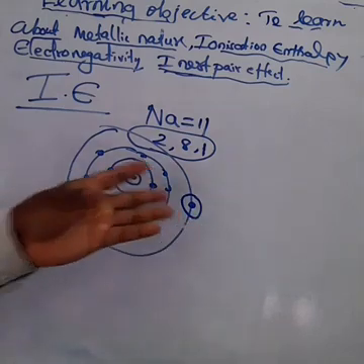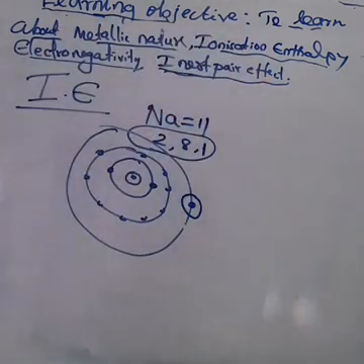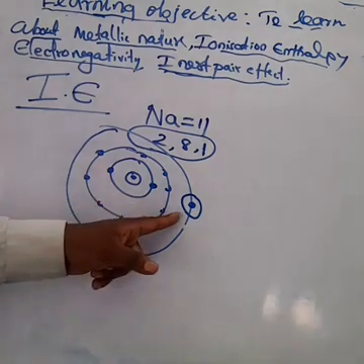That energy is called what? Ionization enthalpy, otherwise we can say ionization energy. The definition: the amount of energy required to remove the most loosely bound electron in a gaseous state. So this is about removing an electron by giving a small amount of energy, which we call ionization energy.